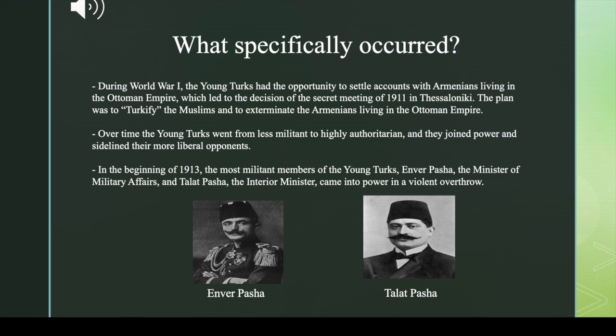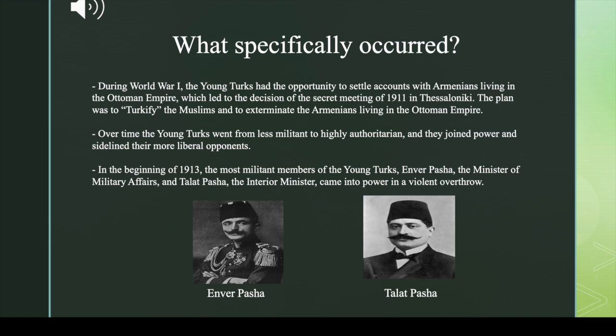So we're going to talk about the Armenian Genocide and what exactly occurred. So basically, a little bit right before World War I, there was a group called the Young Turks, and they basically had a resentment towards Armenian people before they even decided to kill them off.